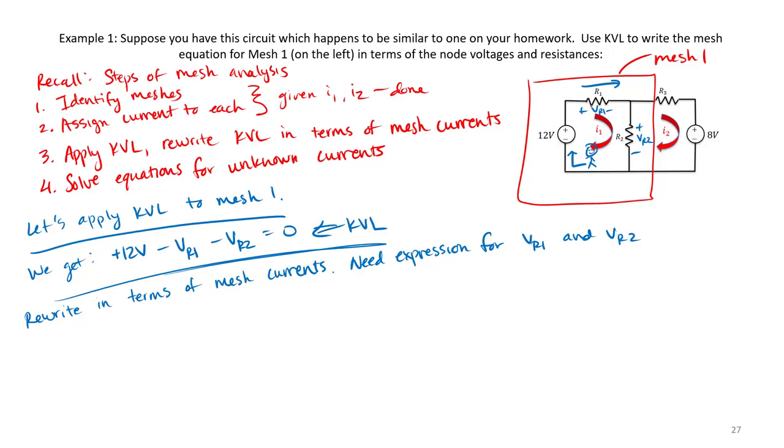Notice VR1 is the voltage drop across resistor R1, and only current I1 is flowing through resistor R1. So by Ohm's law, I can say VR1 is equal to I1 times R1, I1R1.